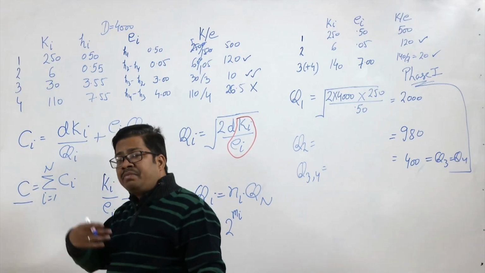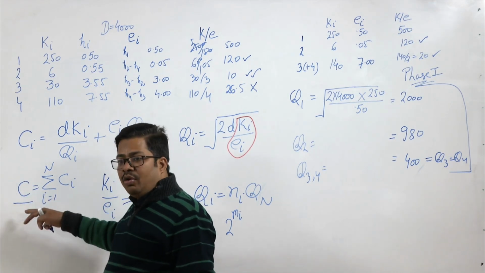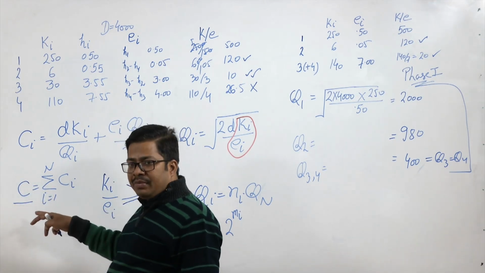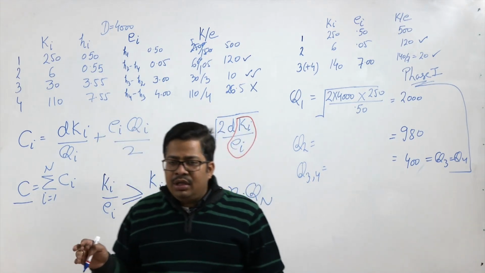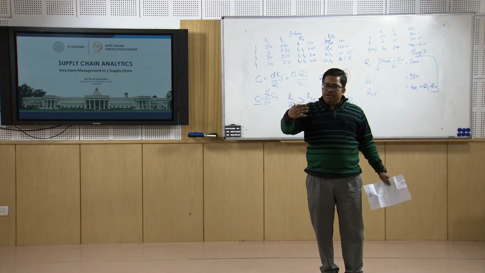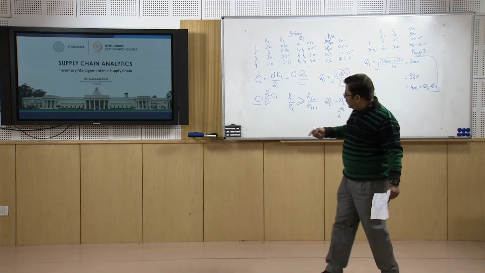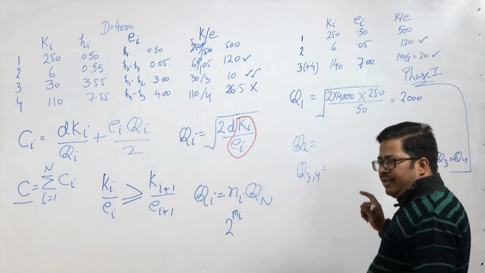But now in our second phase, we will try to improve this value of C lower bound, the total inventory cost's lower bound, to a better value, and for that purpose we want to use these initial values.